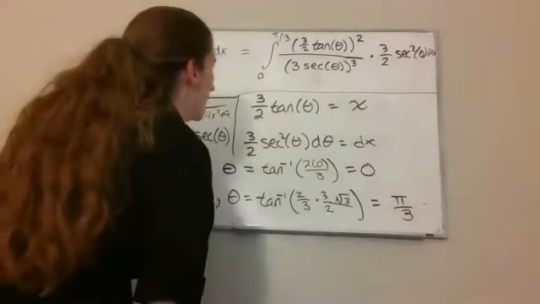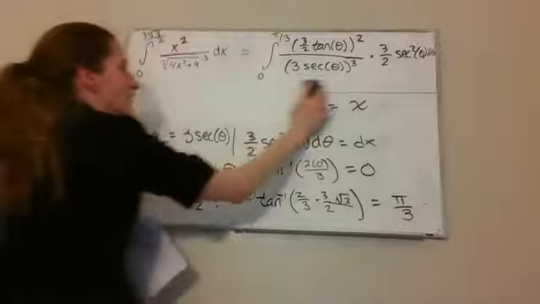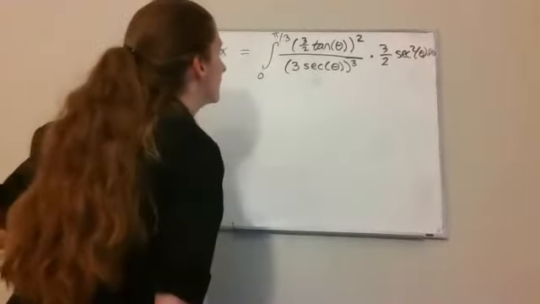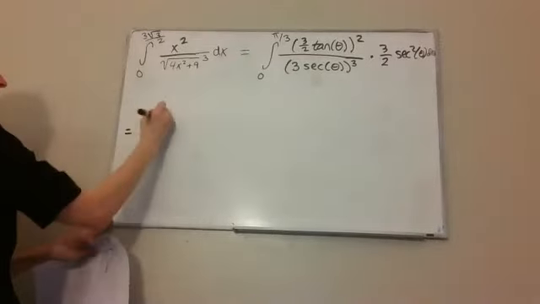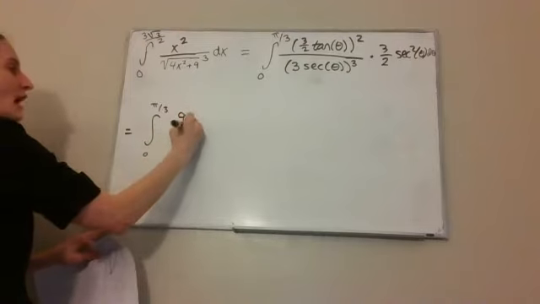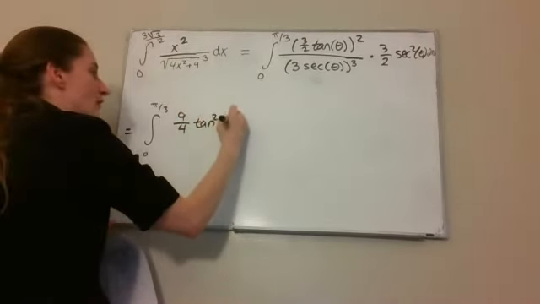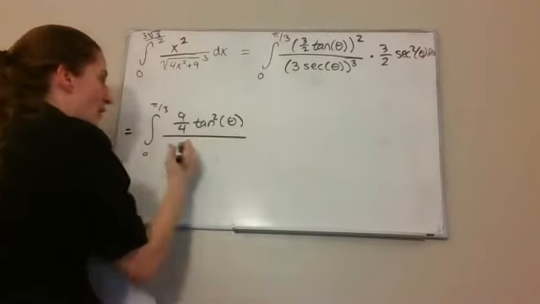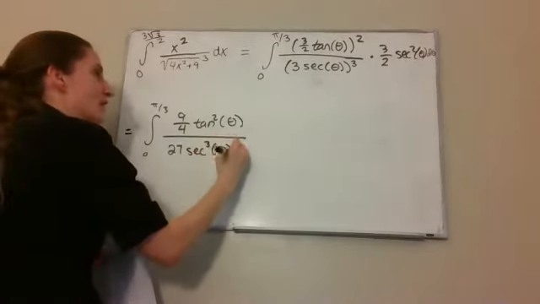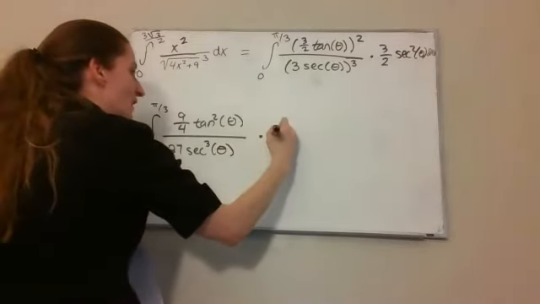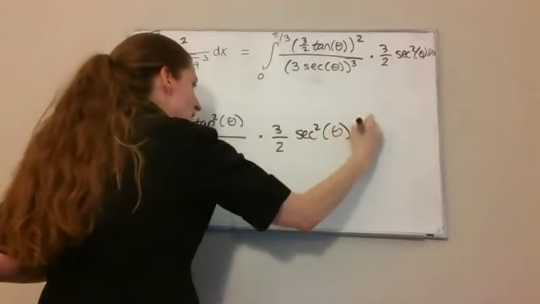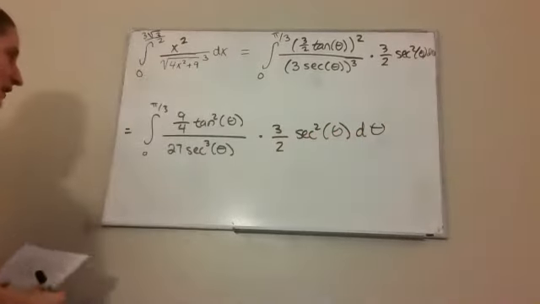All right, let's see what happens when we simplify this. So simplifying this integral, on the top we're going to have 9/4 tangent squared of theta. On the bottom I have 27 secant to the third, and then times 3/2 secant squared d theta. And simplify as much as we can.